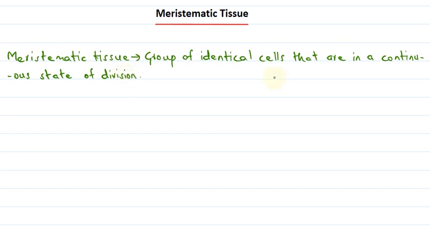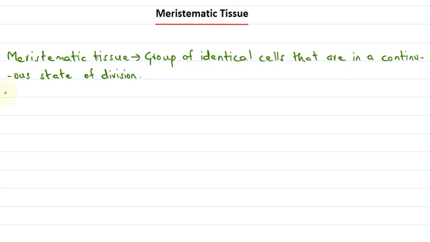So the group of identical cells that are in a continuous state of division are called the meristematic tissues. Some cells produced by the meristematic tissues stop dividing, and they acquire certain changes and get converted into permanent tissues.